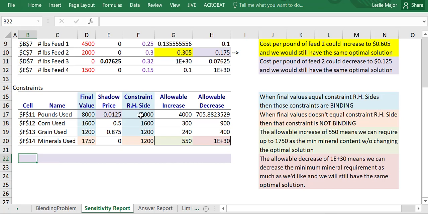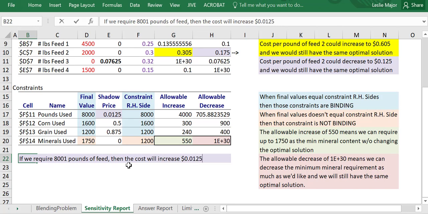So in this case, if we increase this right-hand side by 1 unit, going from 8,000 to 8,001 pounds of feed, then the cost, which is what we're looking to minimize, will increase by the shadow price. In this case, by basically 1 penny. So for every extra pound we require of feed, we have to pay 1 penny more.